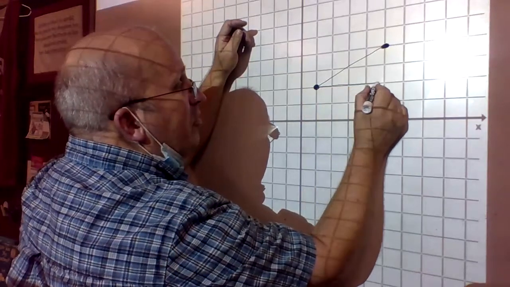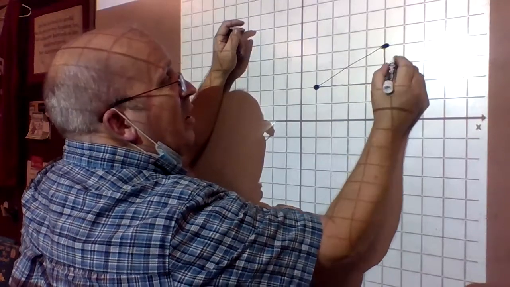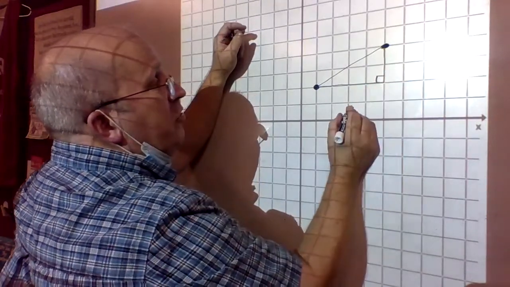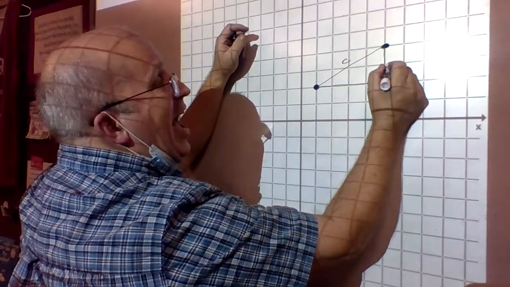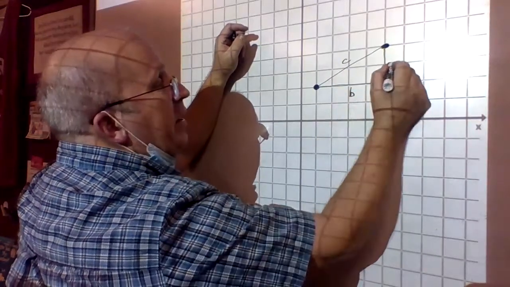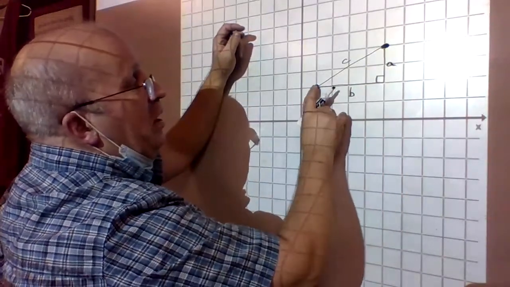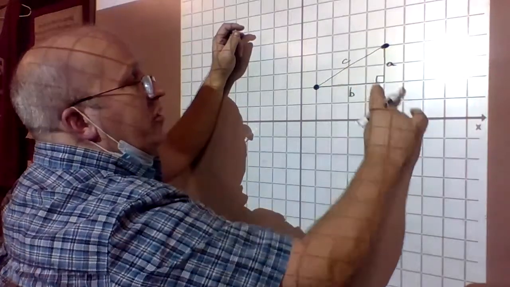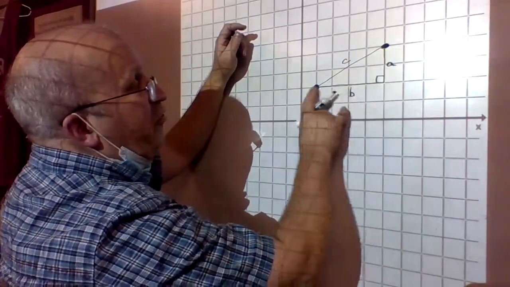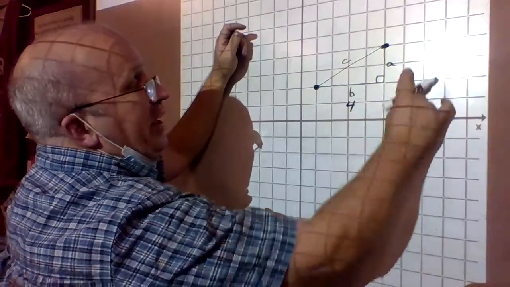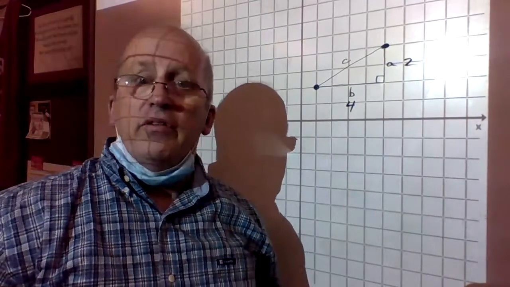I'm going to go across and then up, and here's my right angle, and so this would be my hypotenuse, my C. This is my A, and this is my B. Smallest side is A, second smallest side is B. The side that is opposite the right angle is C. What are my dimensions? B is 4, and A is 2. I got enough info. I can solve this now.